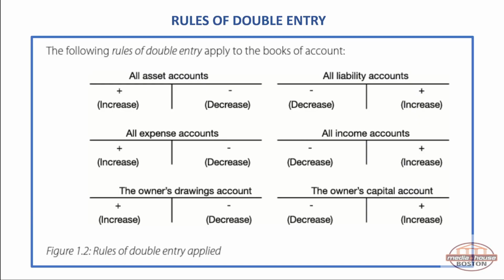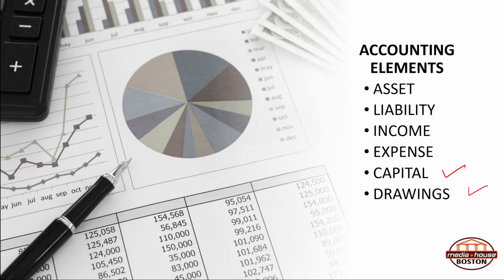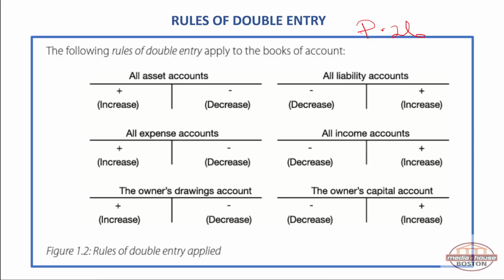So the rules of double entry are as follows. For each and every account that there is, please refer to page 26. You will see that we do have accounts listed on page 26 under each and every element that has been mentioned over here.